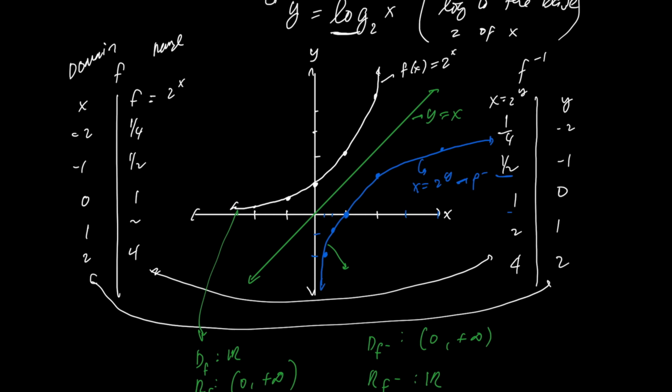Okay, all real numbers. It will go down from this point to here, and the range is all real numbers. And then the domain is just from here to here. So that's why that's from 0 to positive infinity.